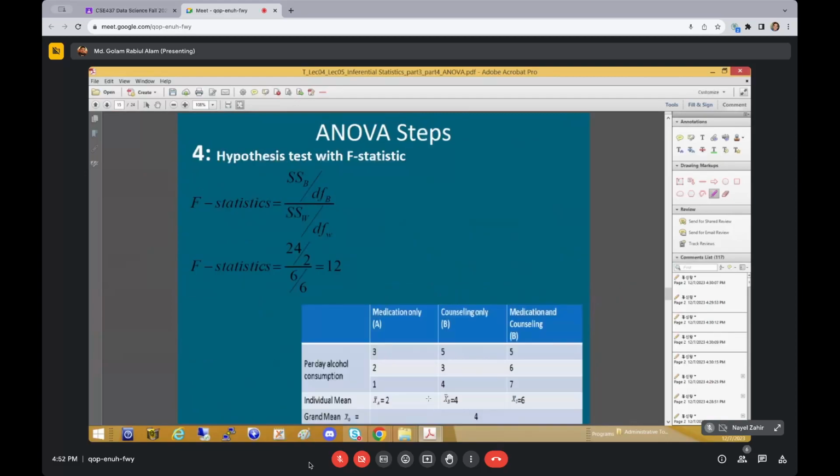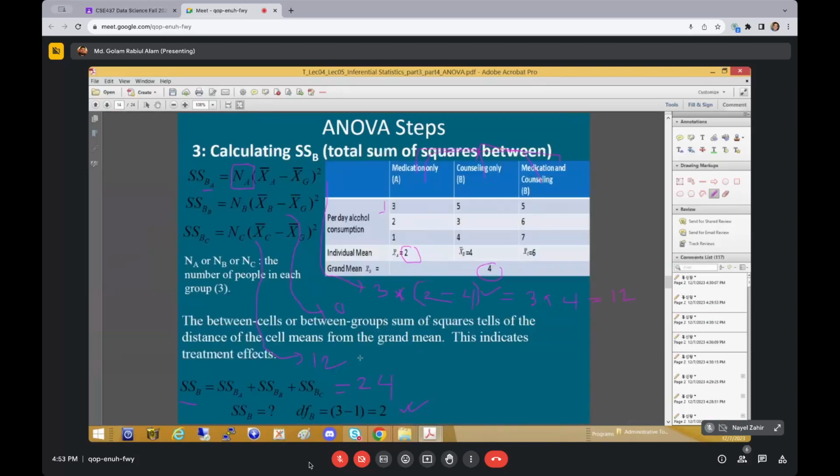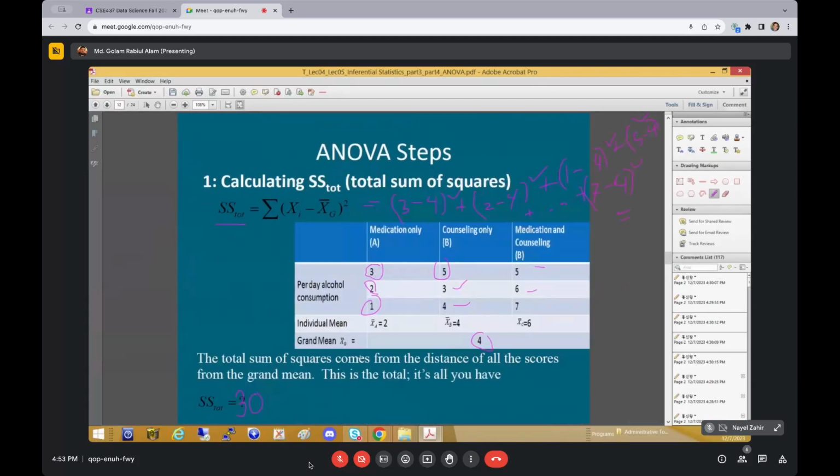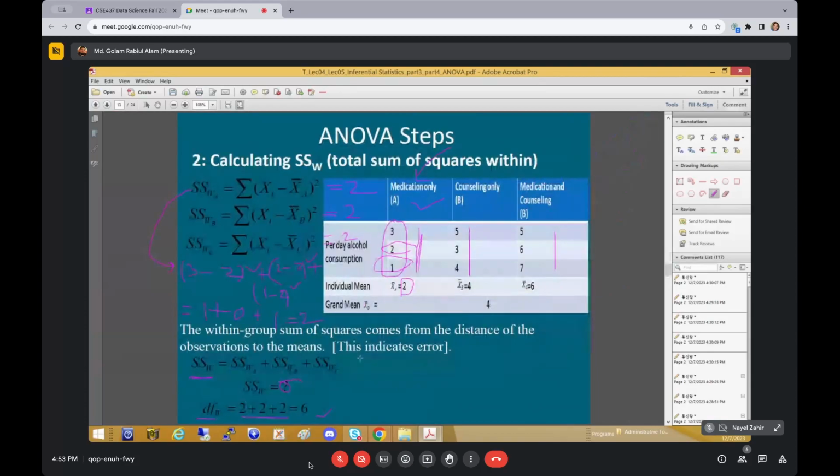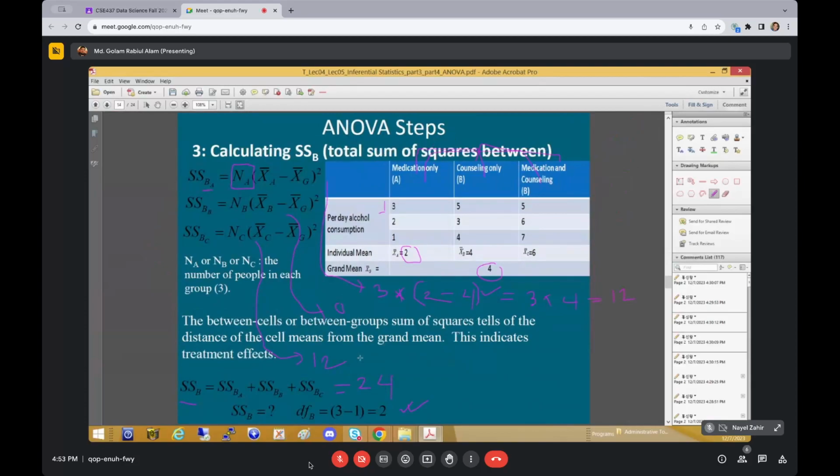So now we have to move to our fourth step: we have to find out the F statistic. The equation of the F statistic is SSB divided by DFB, over SSW divided by DFW. SSB in our case is 24, we have already calculated that.